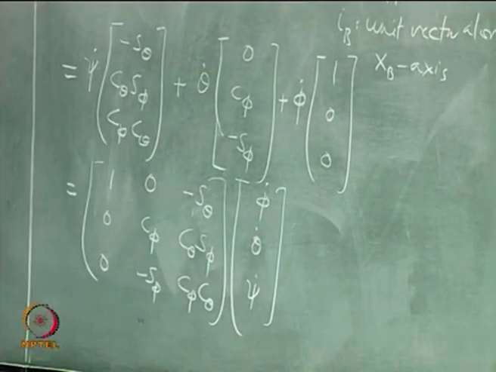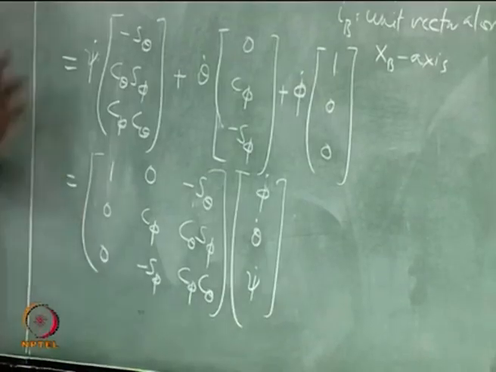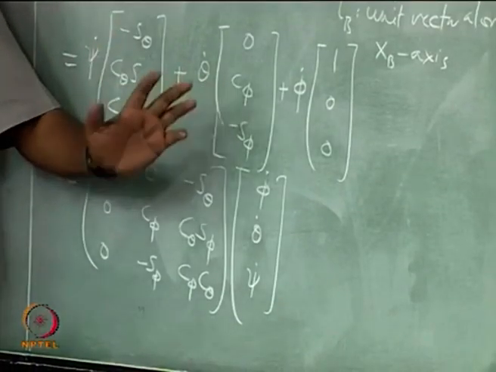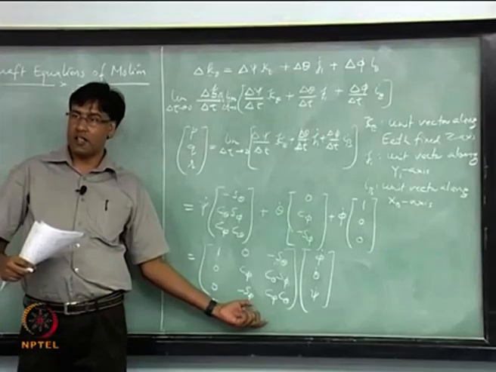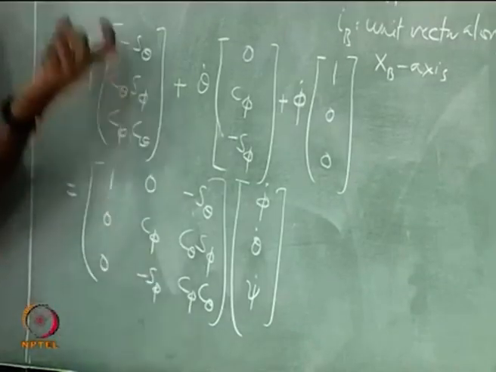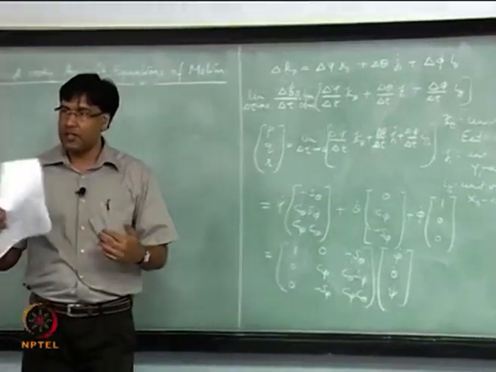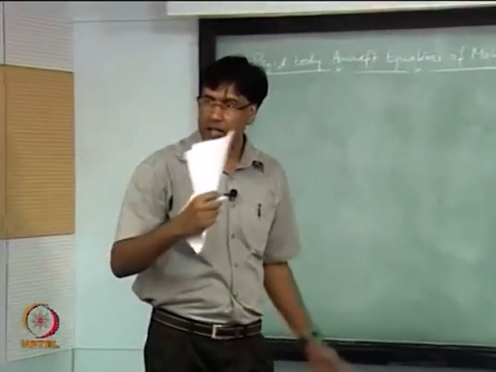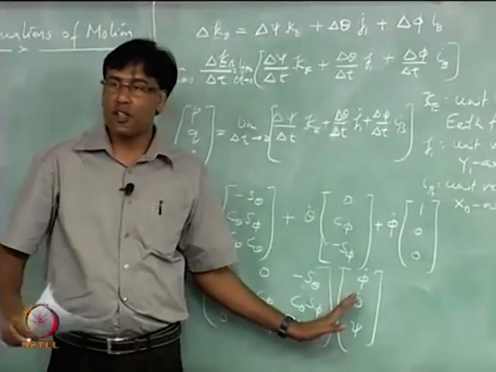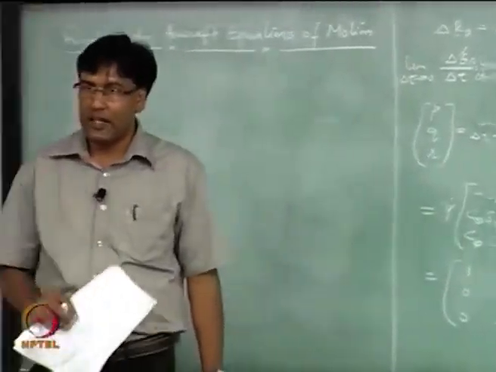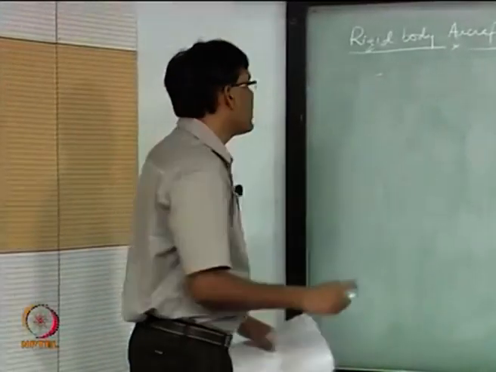Okay. We want the differential equations for these angles. So I have to invert this matrix. P, Q, R are the state variables of the aircraft, equations of motion. So I want this to be on the left hand side.